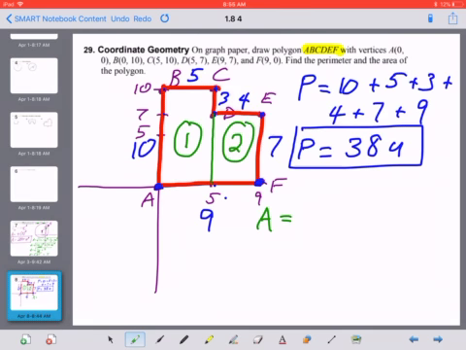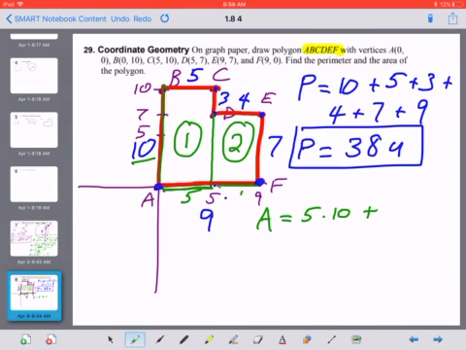So to find the area, we're just going to take the area of each one of those rectangles and add them together. So area of rectangle number 1, from this point to this point, we've got a base of 5, and the height here on the left-hand side is this 10. So 5 times 10 is going to get us the area of rectangle number 1. For rectangle number 2, its base is right down here.